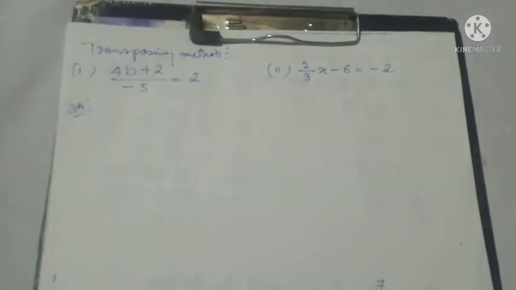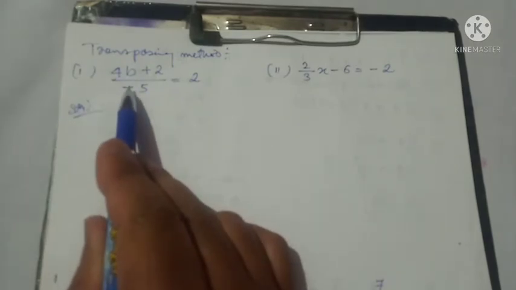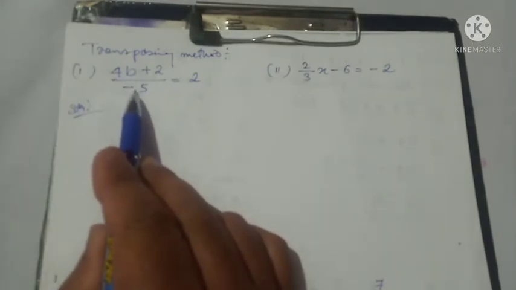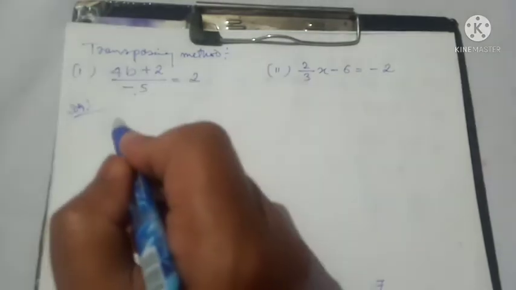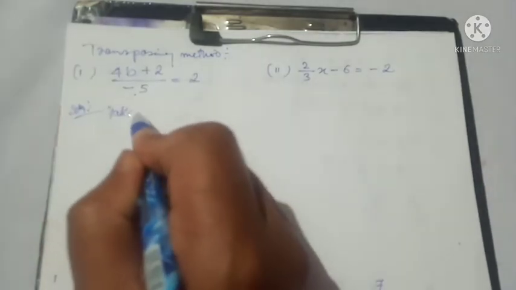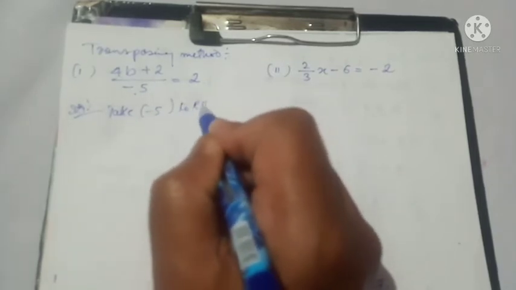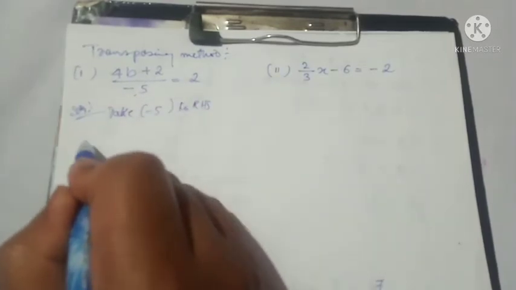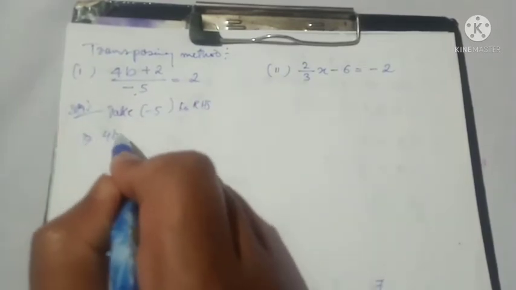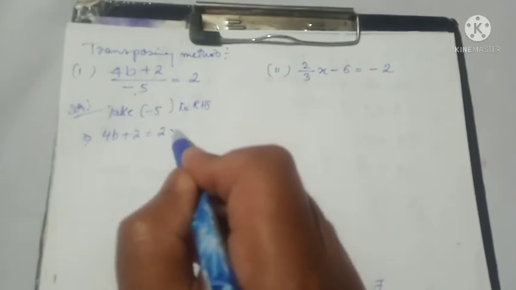First, this -5 should go to the right hand side. Take -5 to the right hand side. We are transposing to the right hand side. Then we have 4b plus 2 equal to, if we go to this side, then 2 into -5.